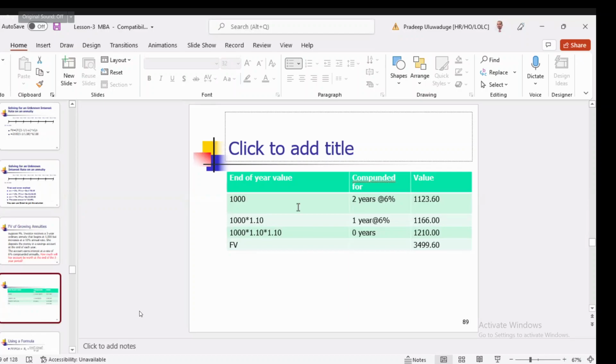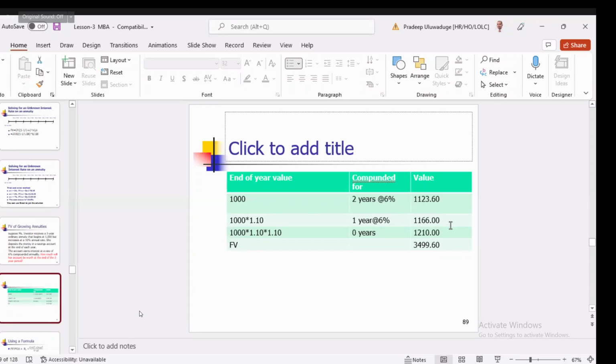The second payment is 1,000 multiplied by 1.10, which becomes 1,100. This is deposited at the end of the second year, so until the third year there will be 1 year. You compound it at 6%, and it becomes 1,166 rupees.